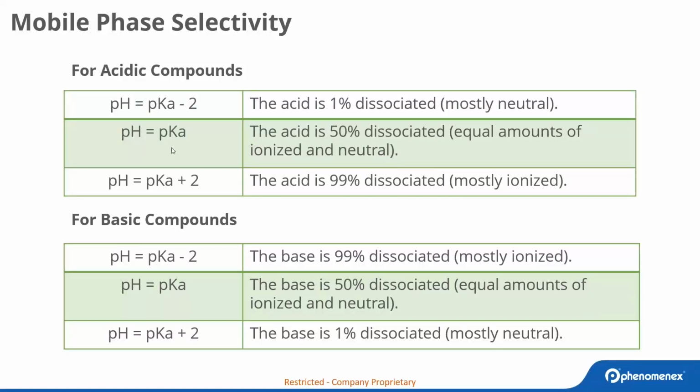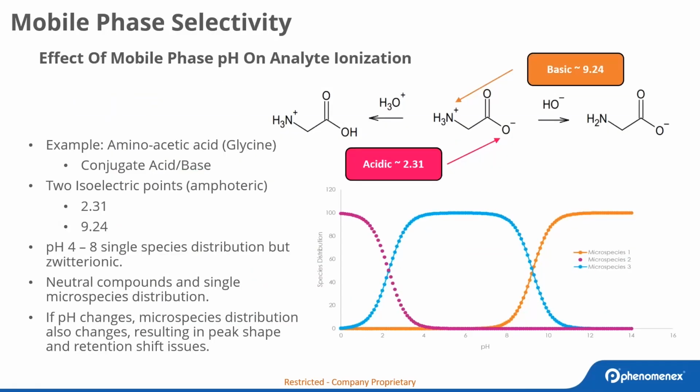So if you're working with a lot of molecules and you can't target one specifically, then make sure that you're really not at the exact pH of any of the pKas, because you don't want to have that dual species present.